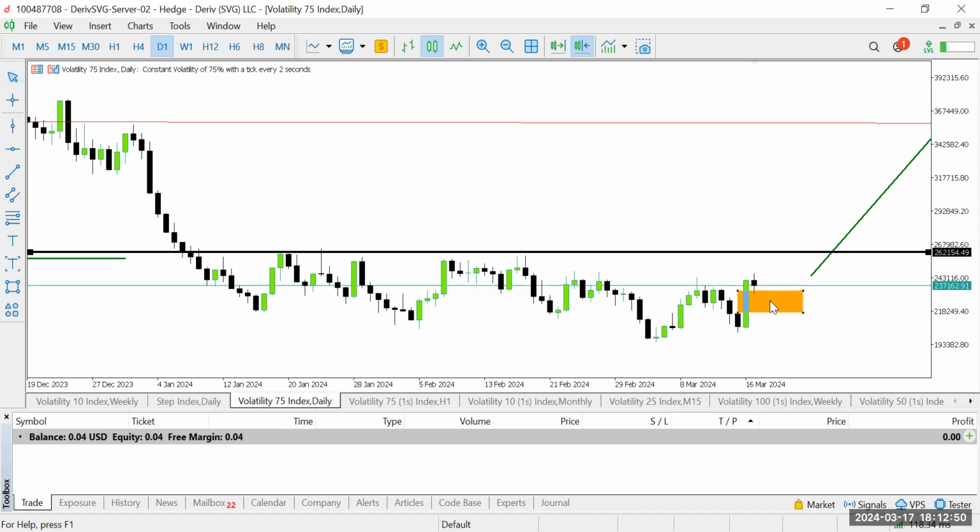So I'll not be surprised to see this candle close as a doji, leaving behind this fair value gap, and then confirming this candle as an order block for us, which has a fair value gap.